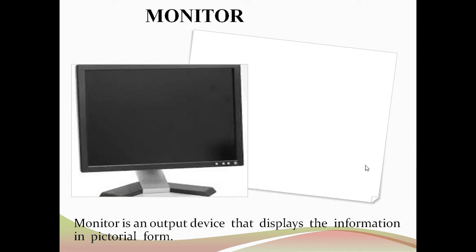Whatever we enter, for example, if we enter numbers or characters by typing through a keyboard, it will be displayed on the monitor. So it is used for displaying the information in a pictorial form.